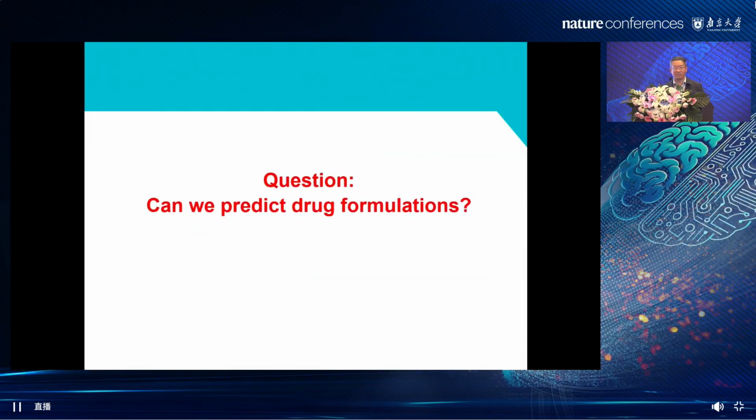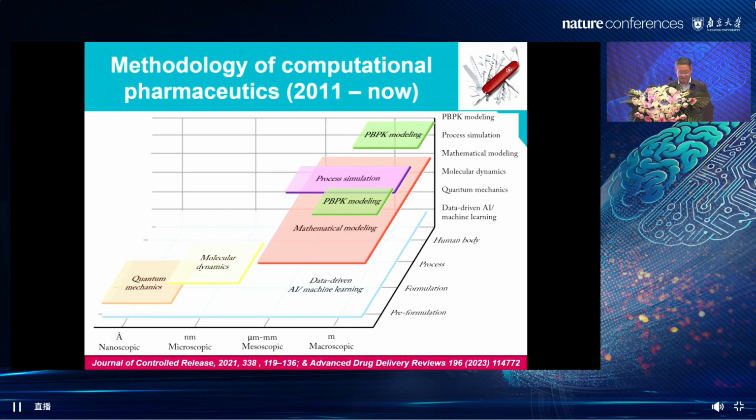And so we thought, can we develop a computational methodology to help us design drug formulations, just like drug molecule design? So our group, since 2011, developed data-driven AI with multi-scale modeling, including quantum mechanics, molecular dynamics, process simulation, and PBPK modeling together for drug formulation development.